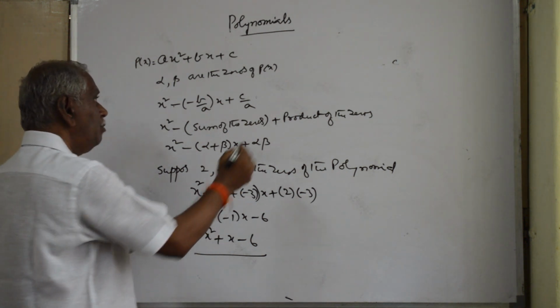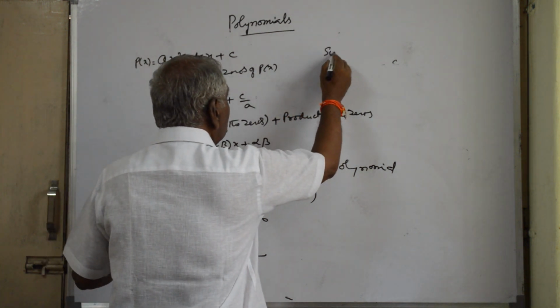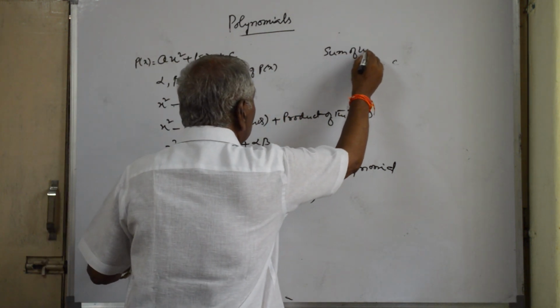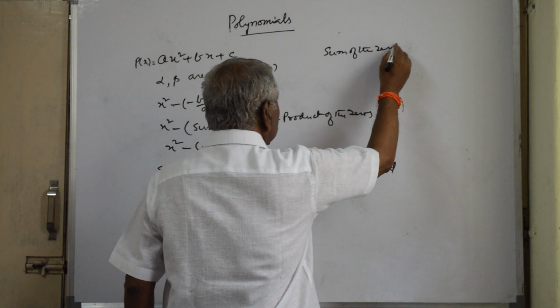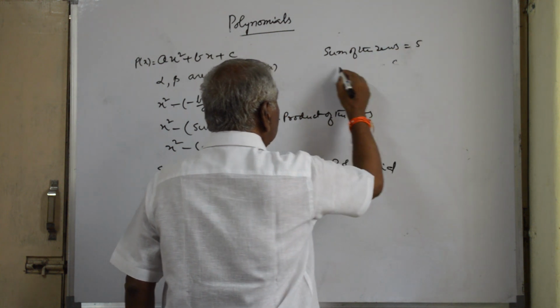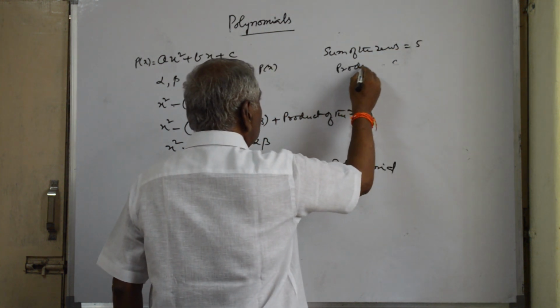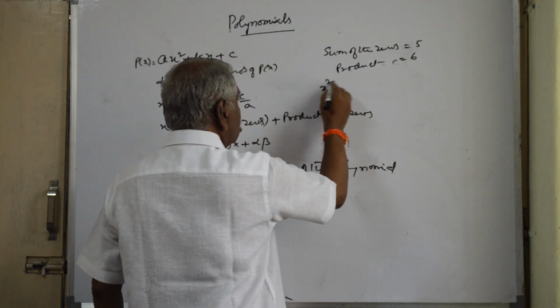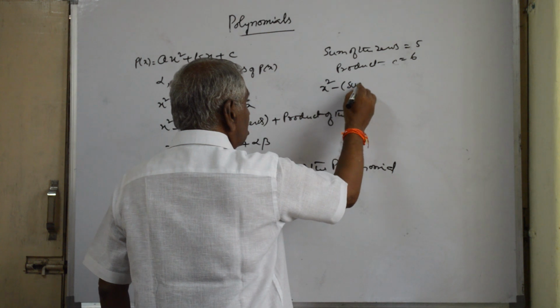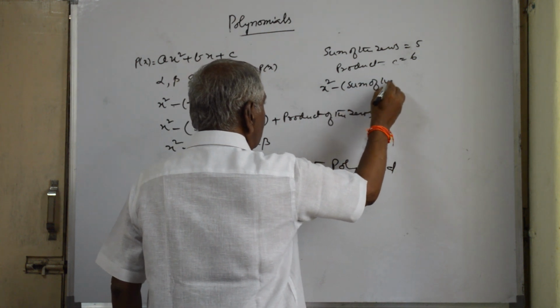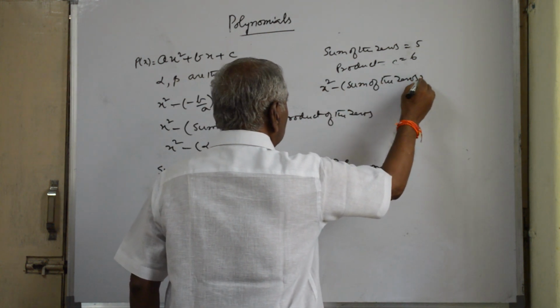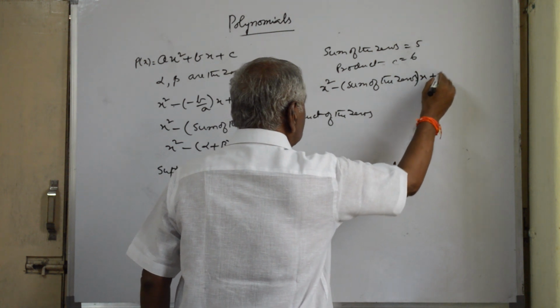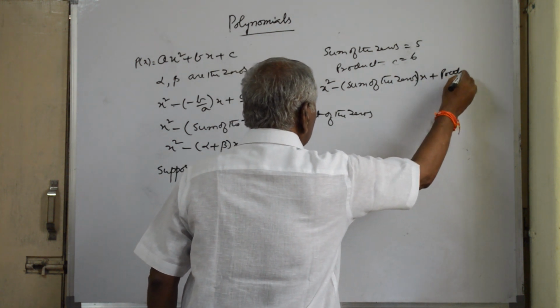Suppose you are given the sum of the zeros equal to say 5 and the product is 6. We can frame a polynomial like this: x square minus the sum of the zeros into x plus the product of the zeros.